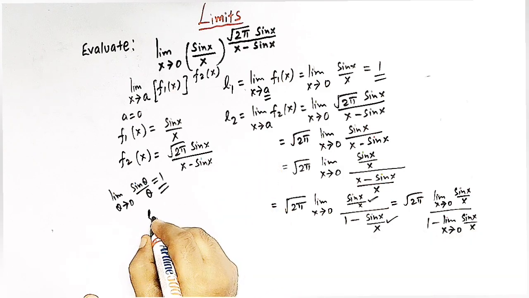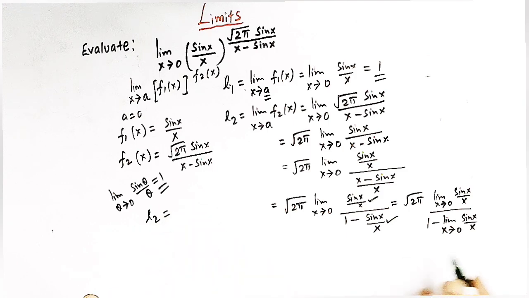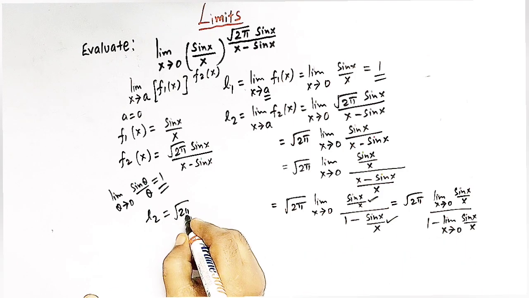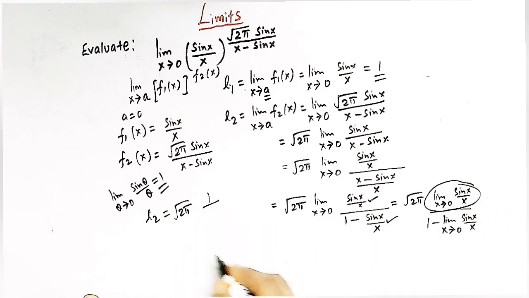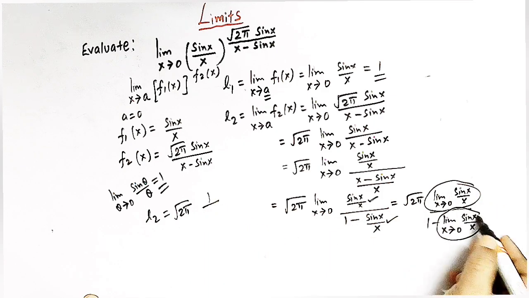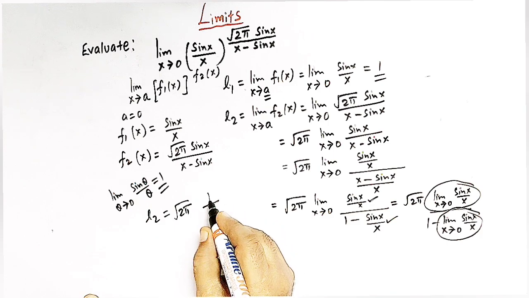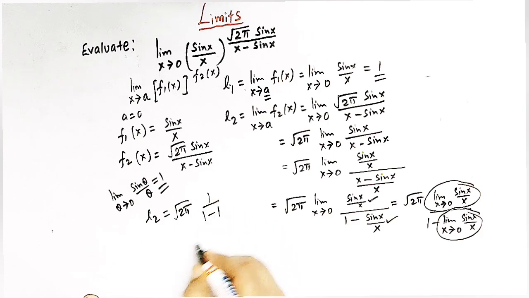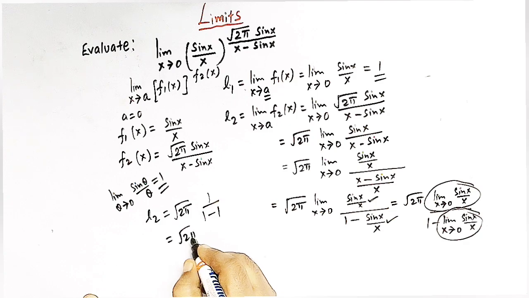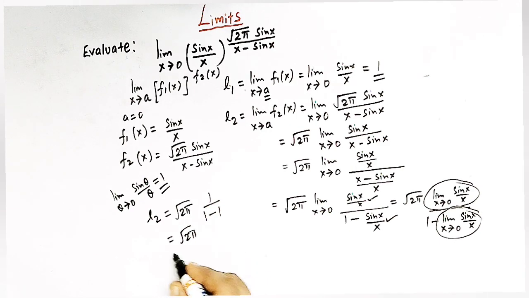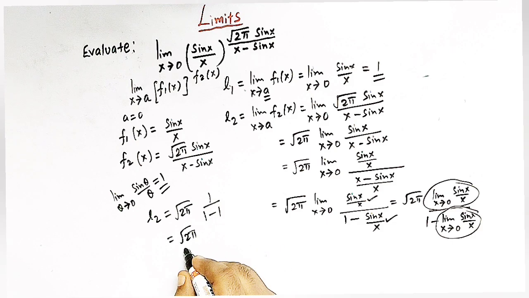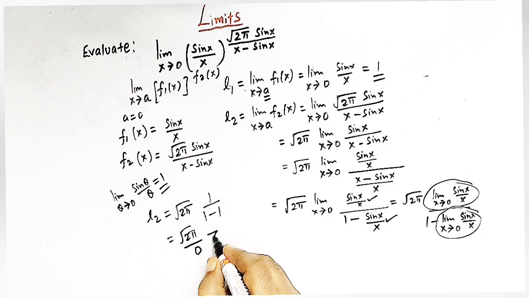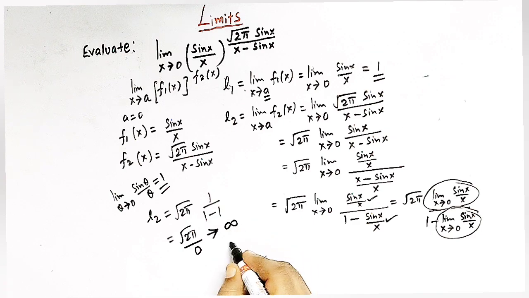So now the value of the limit L2 is given by square root of 2 pi times 1 over (1 minus 1), since this limit is 1 and this limit is also equal to 1. So this is the square root of 2 pi, and here we have 1 minus 1, which is 0. So this limit tends to infinity or is not defined, right?